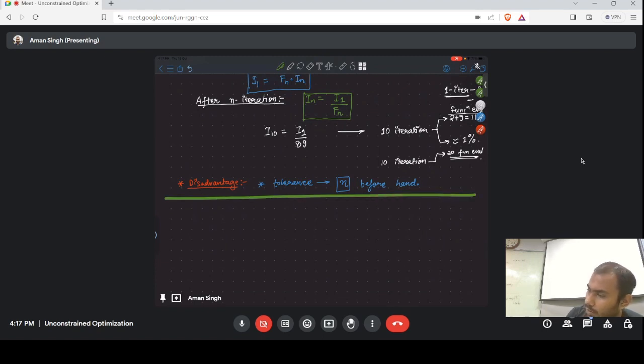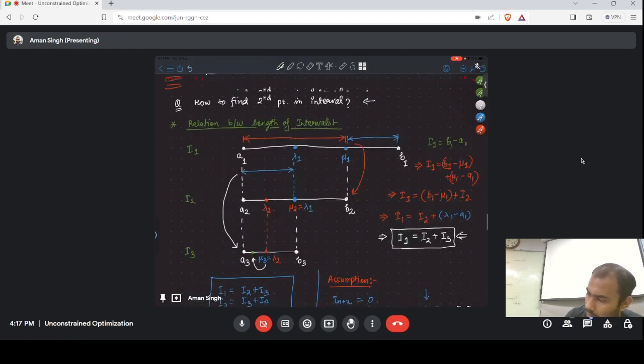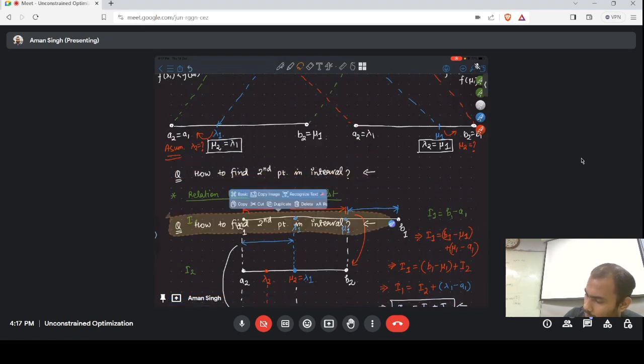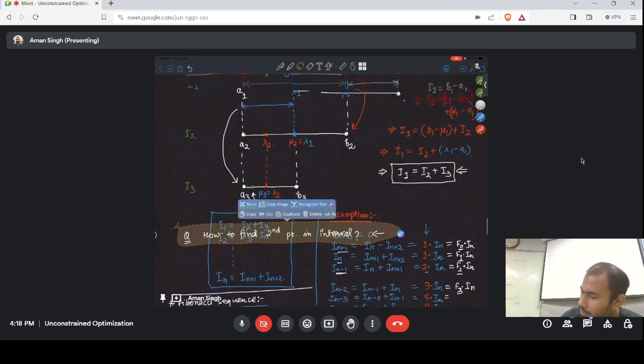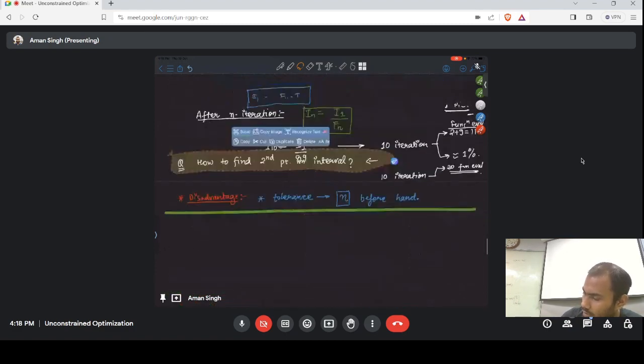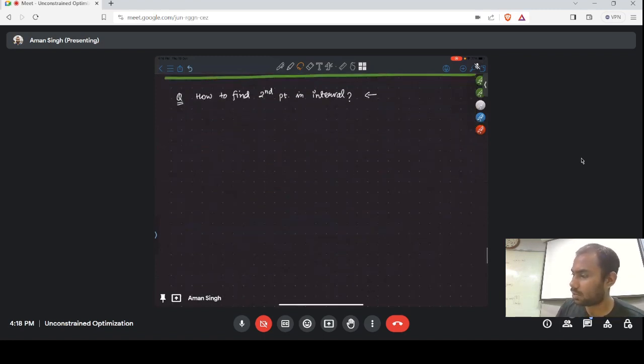Now let's look at how to find, we asked a question previously, this question here: how do we find a second point in the interval using the Fibonacci series? Let's try to answer this question. So let's say this is our interval again.